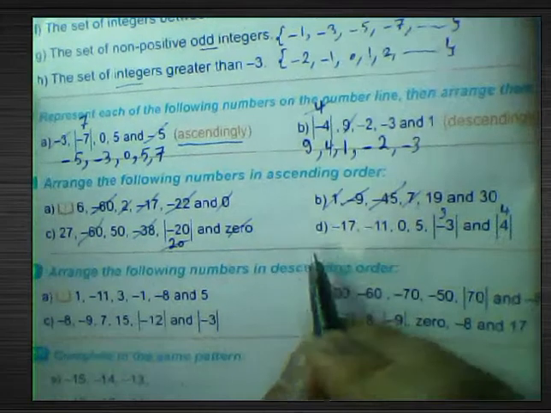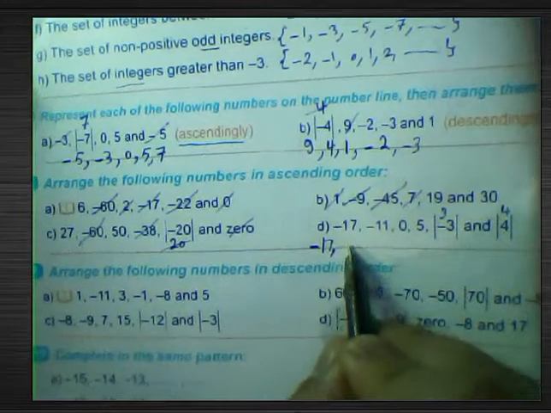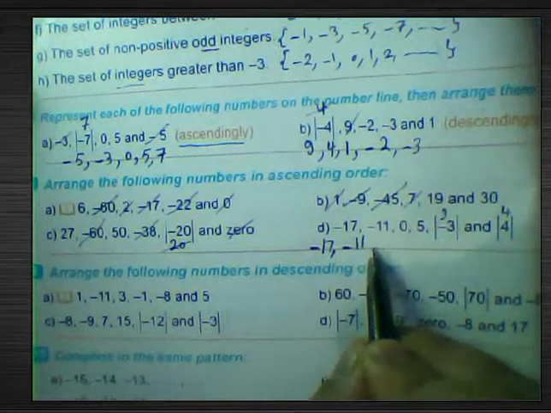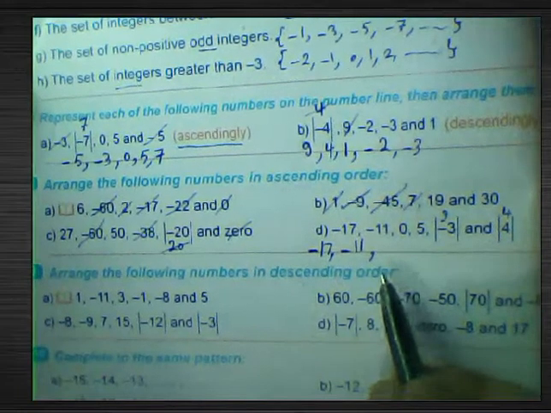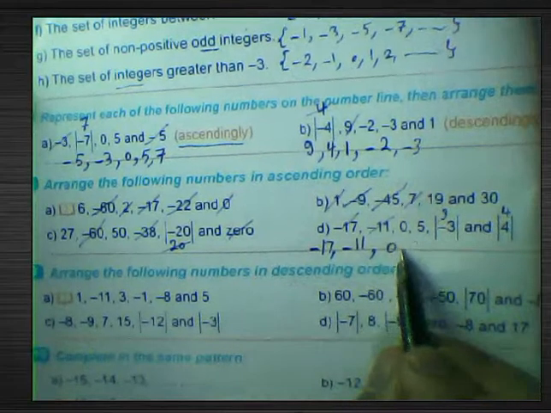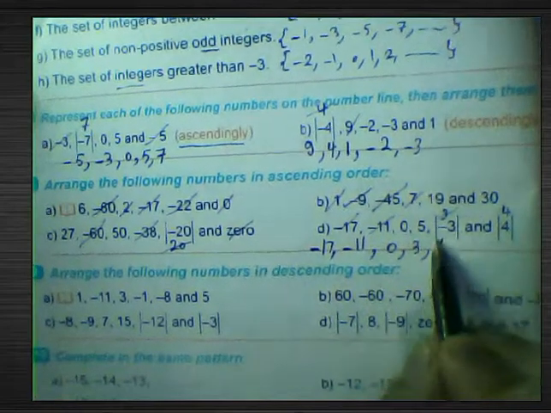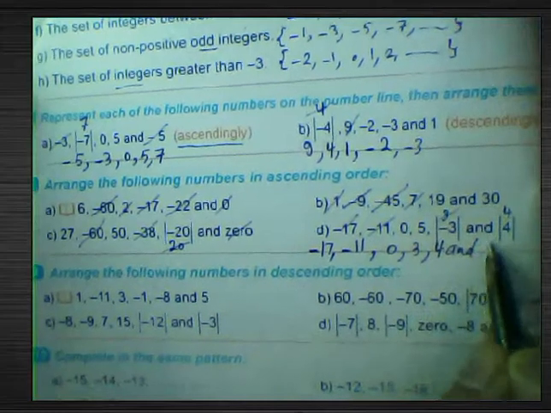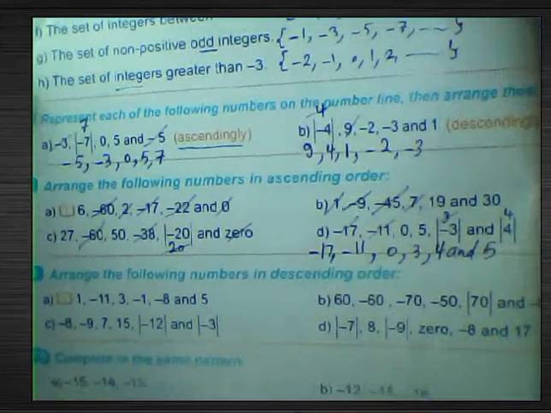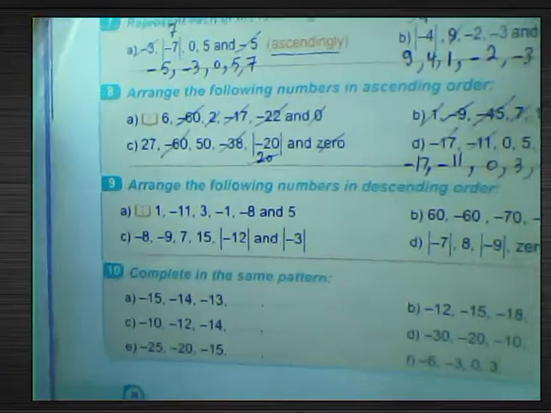Negative 17 first, negative 11, you want to write ascending, okay? 0, 3, 4, and the last number 5. It's okay. Question number 9.